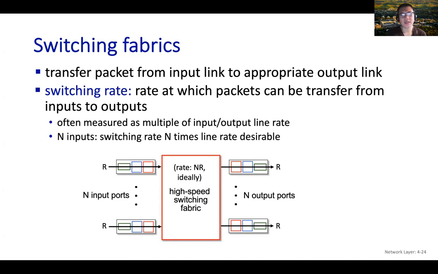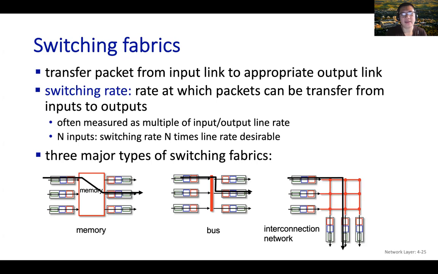If there are n inputs, a switching rate of n times the line rate is desirable. So they can do something in parallel, because there could be different links from n input ports to n output ports. The three major types of switching fabrics are memory, bus, and interconnection network.